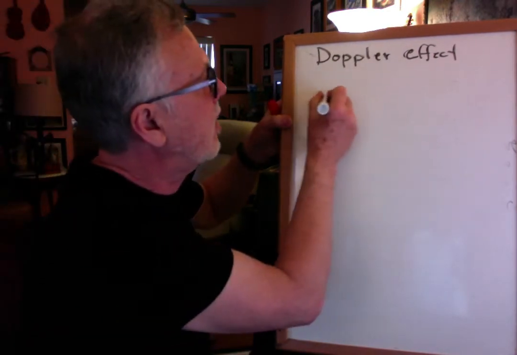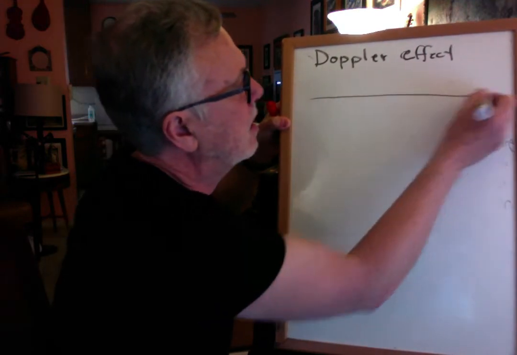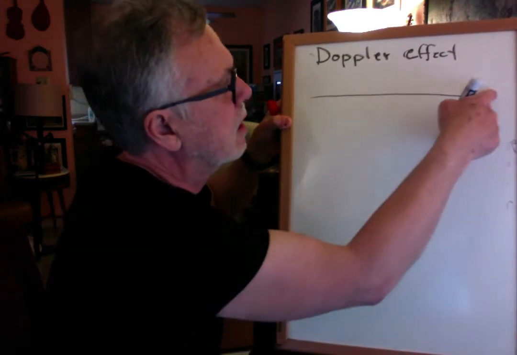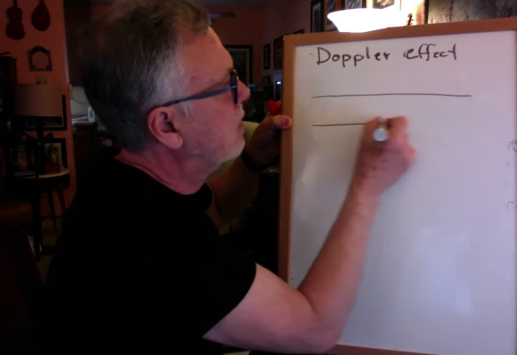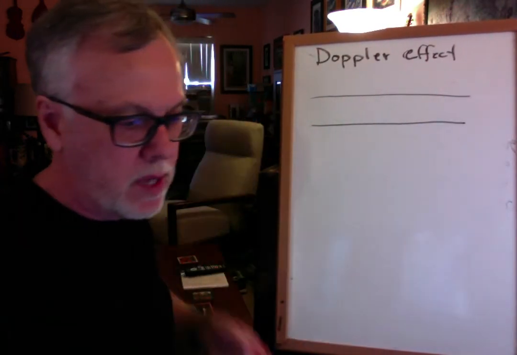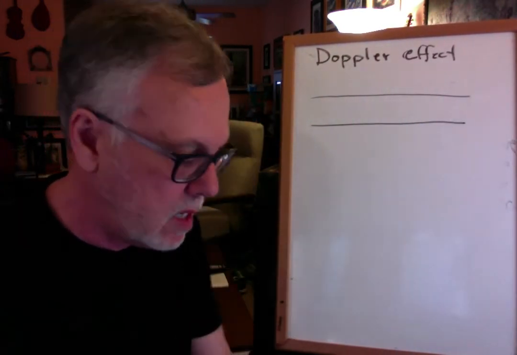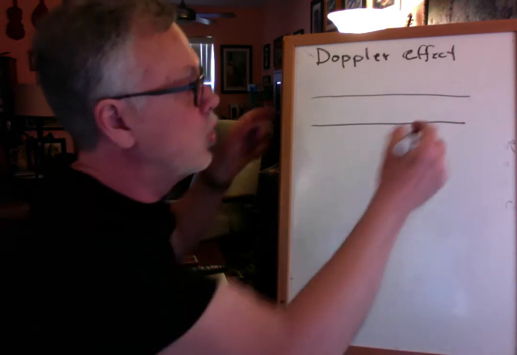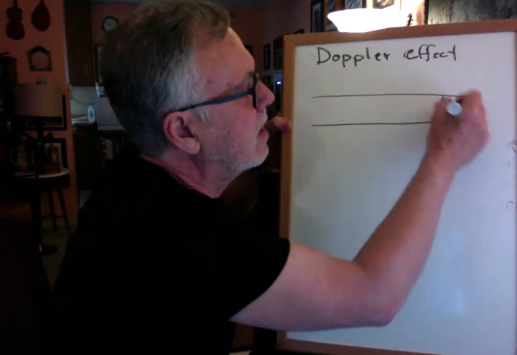And so if I could draw all the colors, and of course I don't have all the colors, I would have, let's say, the blue side over here and violet.